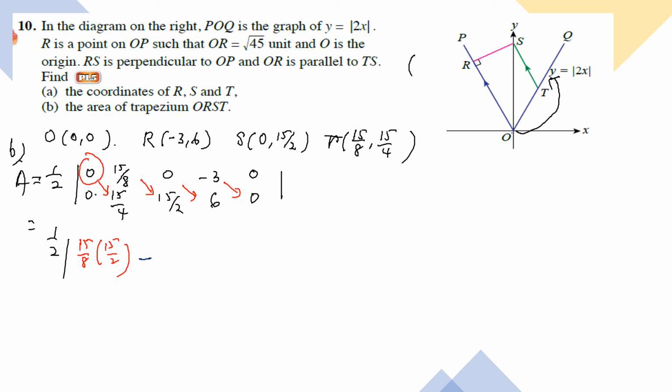So this one 0, 0. So we have this minus 15 over 2 multiplied by negative 3, and the last one also 0. Okay, so from here the final answer will be 18 and 9 over 32 unit square.